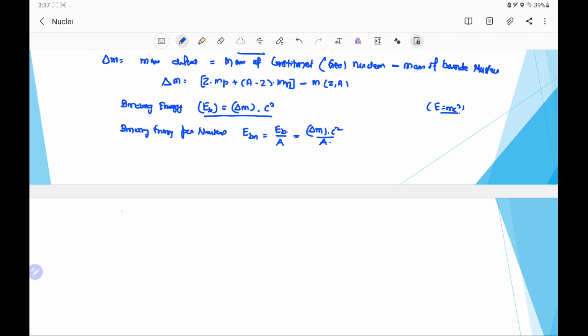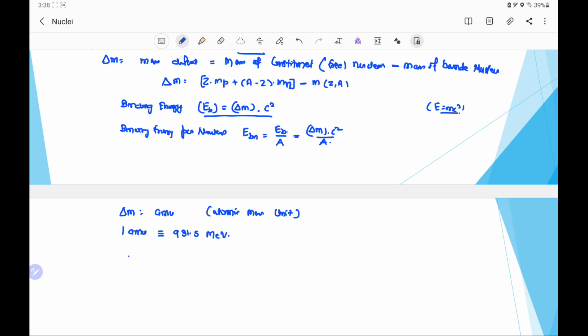We measure the mass defect delta M in terms of the AMU, that is called the atomic mass unit, and one atomic mass unit is equivalent to, in terms of energy, 931.5 millions electron volt.